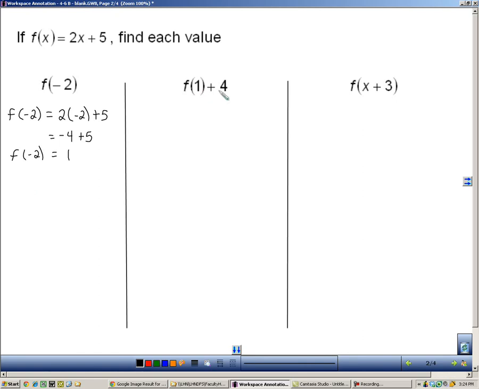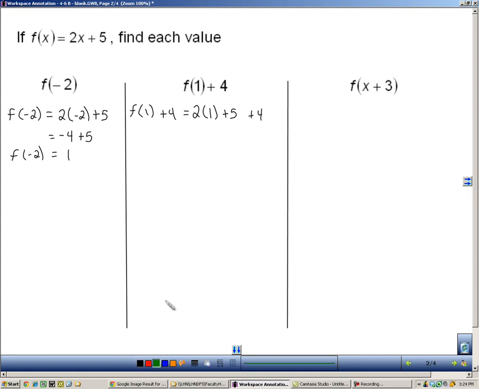Next one, f of 1 plus 4. Well, f of 1, notice the 1 is in parentheses and the plus 4 is not. That means you're going to take your function, 2 times x plus 5, and replace the x with a 1. But then you're going to tack a plus 4 on the end.